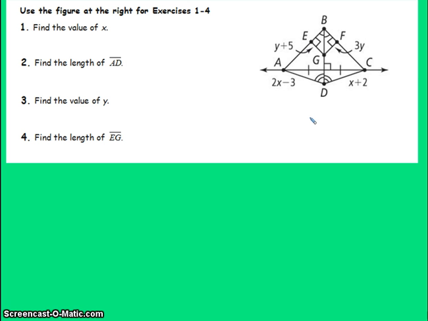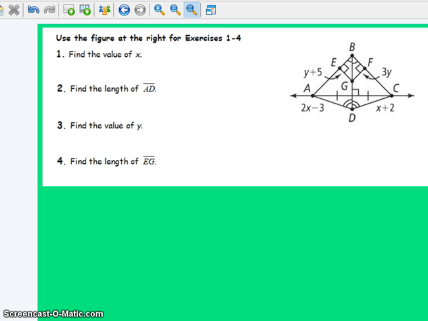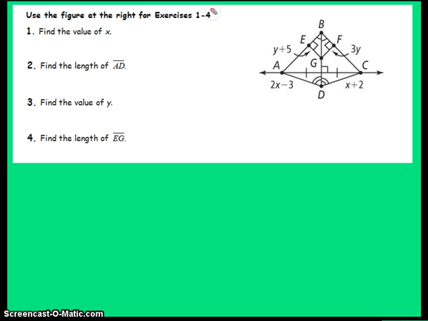Okay, number 1 says to find the value of x, and so x deals with these two segments right here, and so we have to ignore a whole lot of the other stuff and look at what we're given.